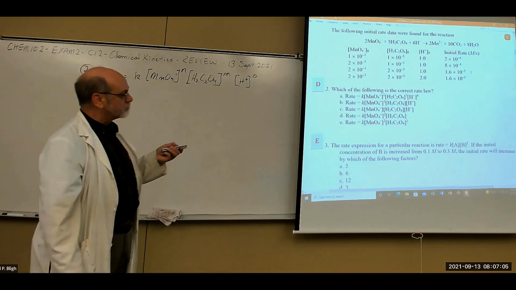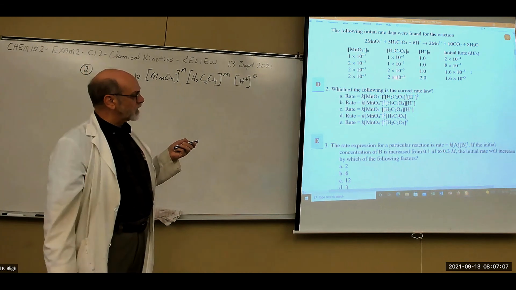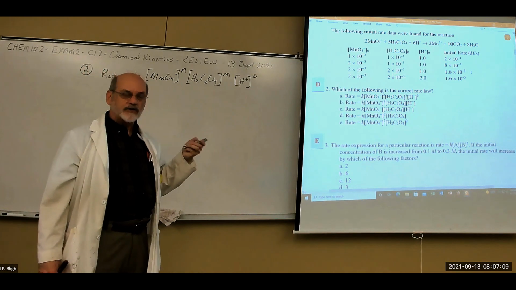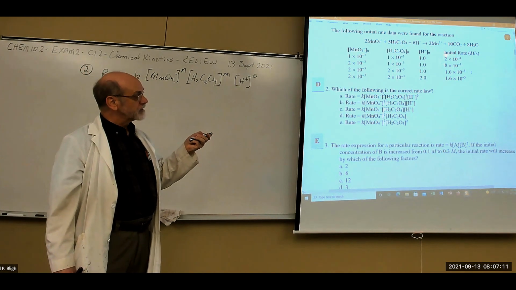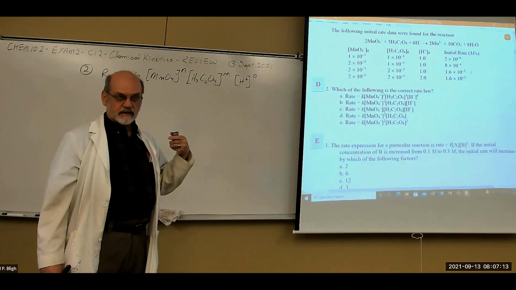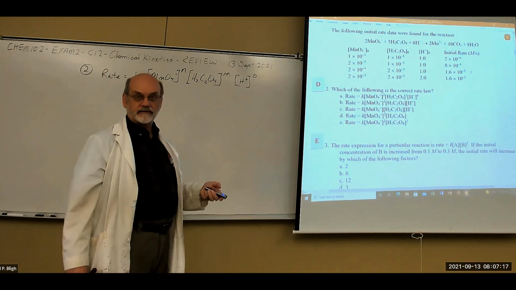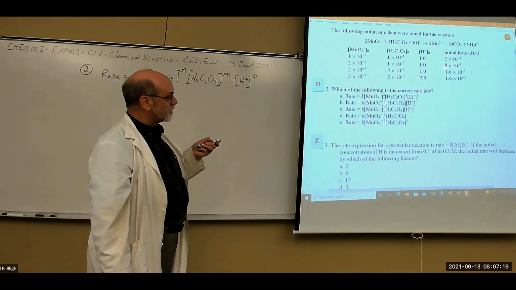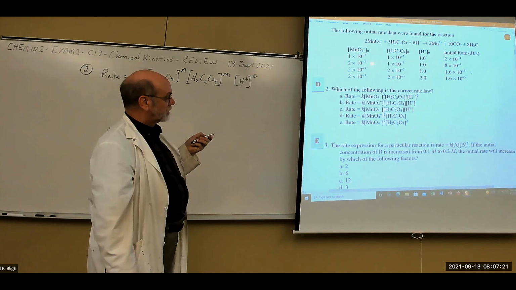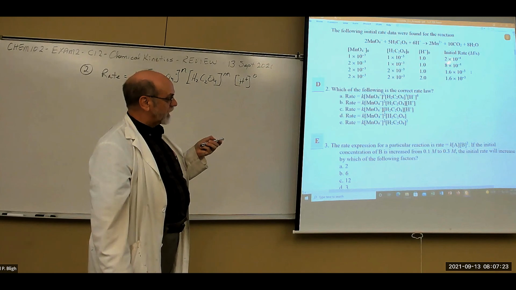I want to ratio them in such a way that the ratio of the rates is a whole number, not a fraction. So I'm going to put this one on top because it's a larger value than that.